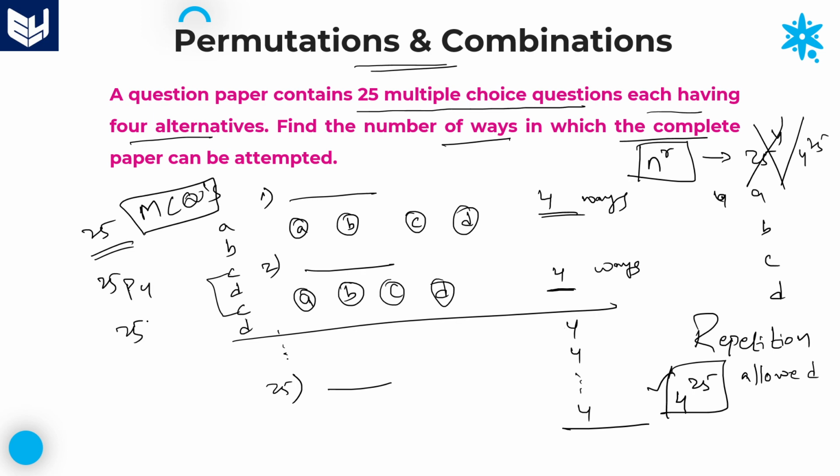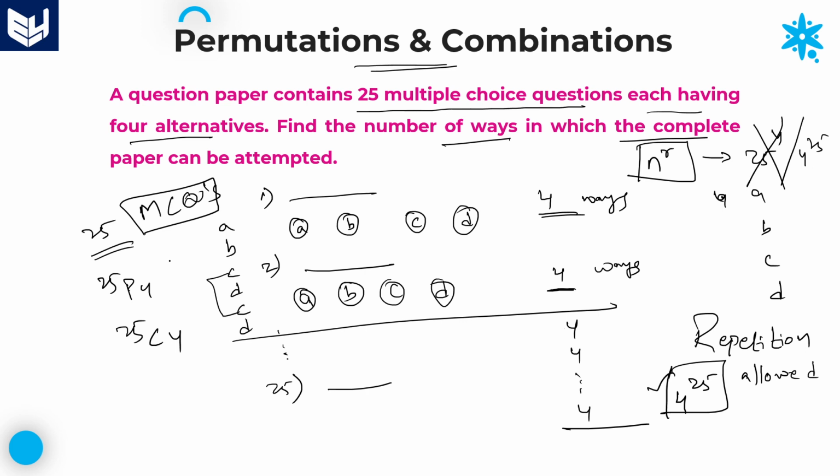Sometimes he will mention like this, 25 C4. We must be in a position to answer the correct value, right? He will not mention the answer after calculation. He will always try to give the answer in terms of permutation, combination and factorial, or else in terms of powers. We have to be in a position to get the exact answer only if we understand the concept carefully.